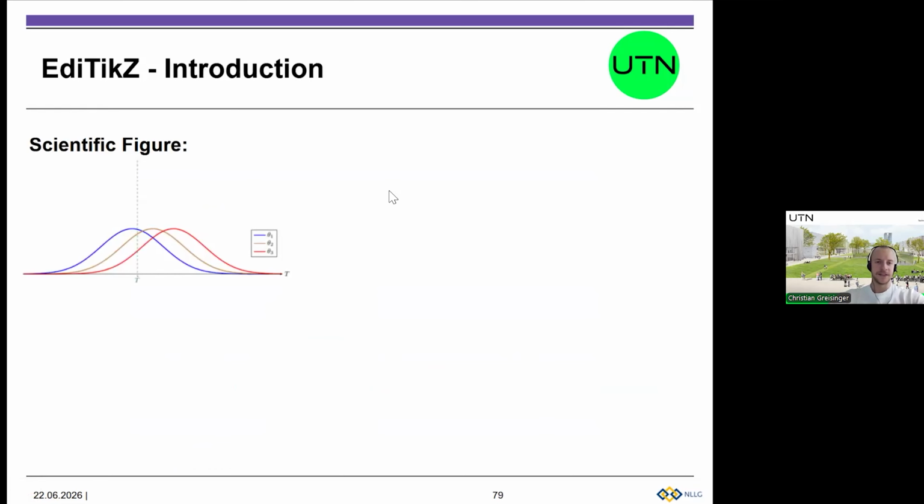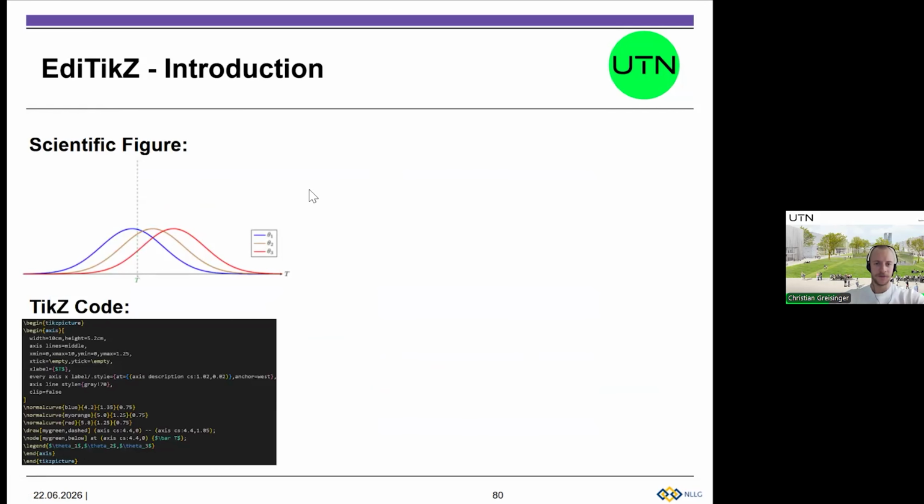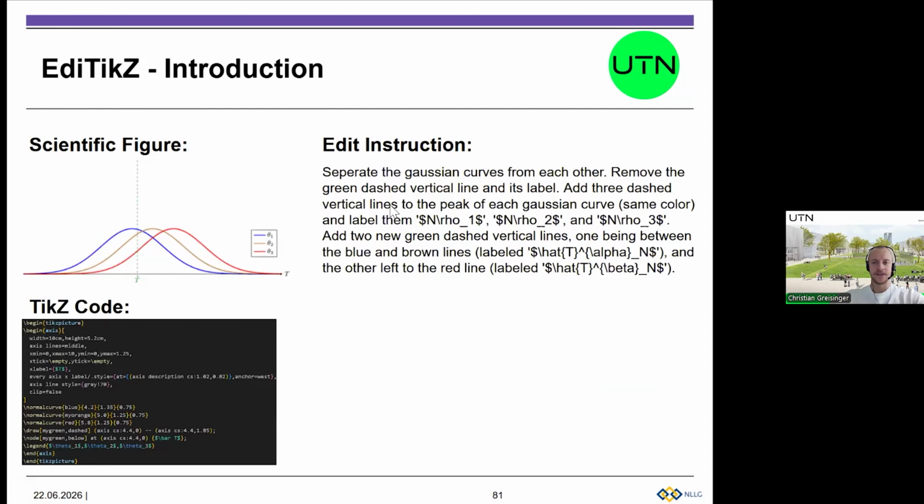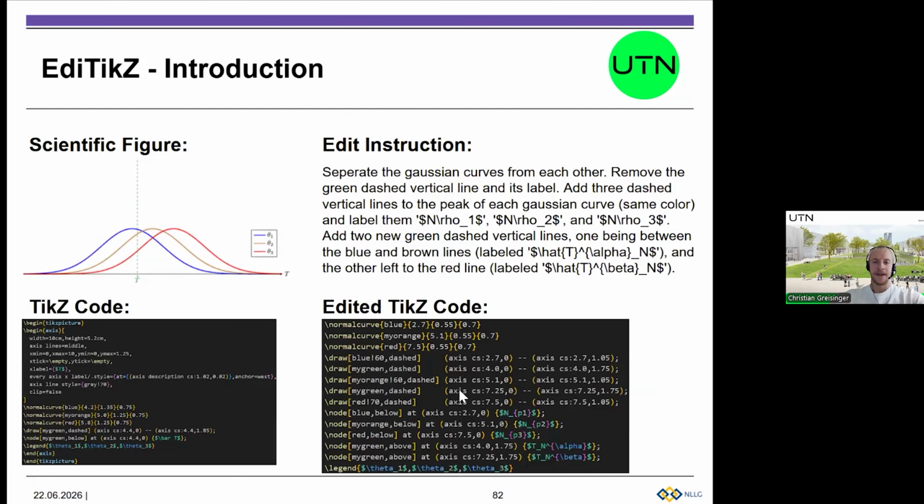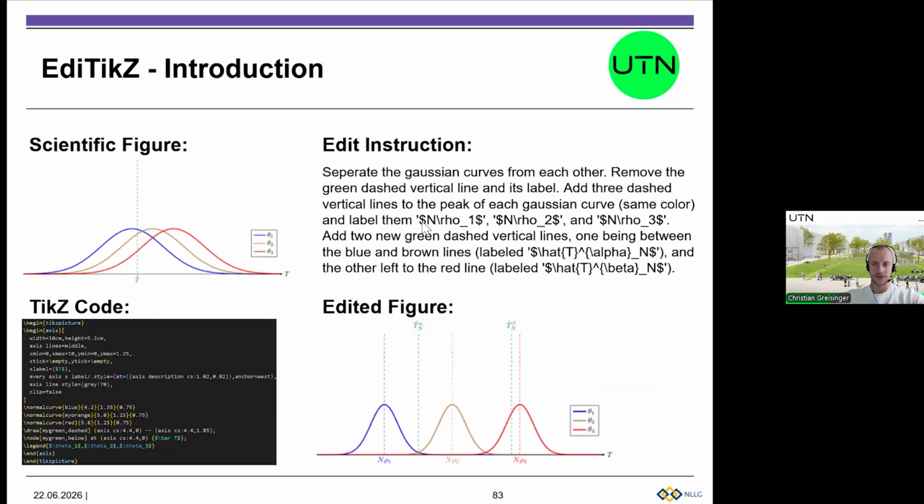Here's an example. We have a scientific figure and the underlying TikZ code. This is an edit instruction written by humans, for example, separate Gaussian curves, remove dashed lines, and so on. This would be the TikZ code of the edited version that renders to this figure here. We can also then use the edited figure as the starting figure and iteratively refine it.